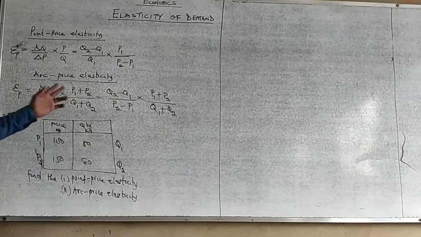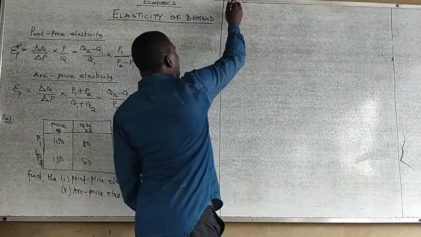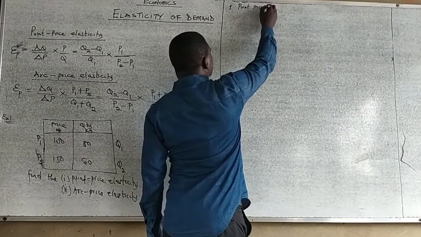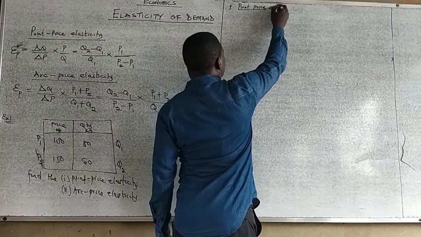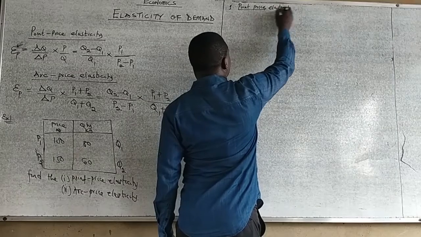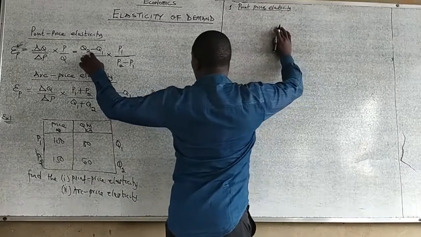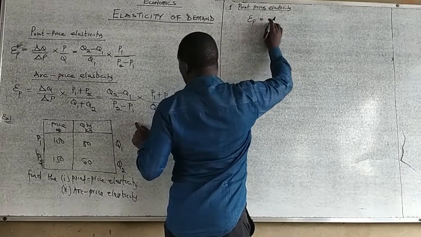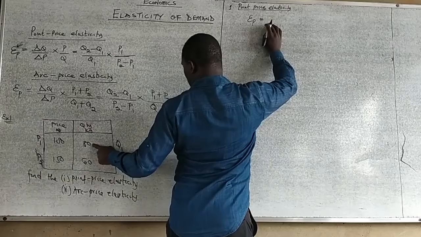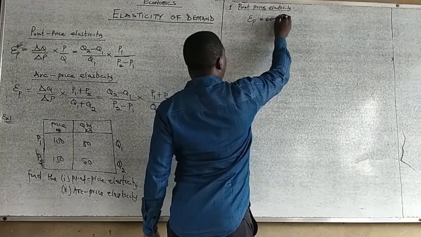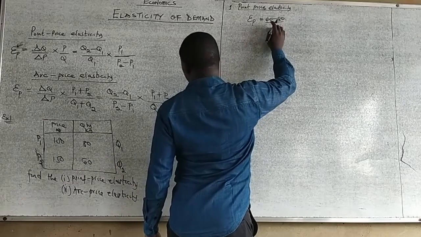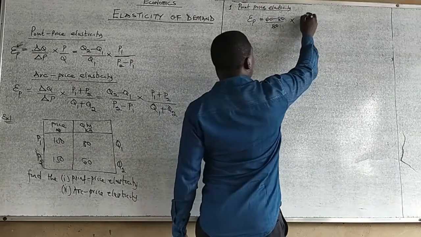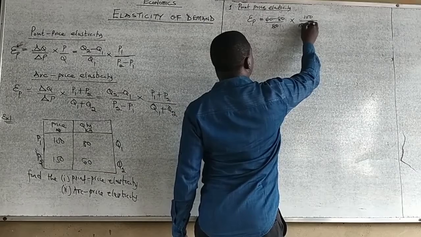So if I do point price elasticity, what will that give us? Q2 minus Q1 is 60 minus 80 over 80 times our P1, 100 over 150 minus 100.